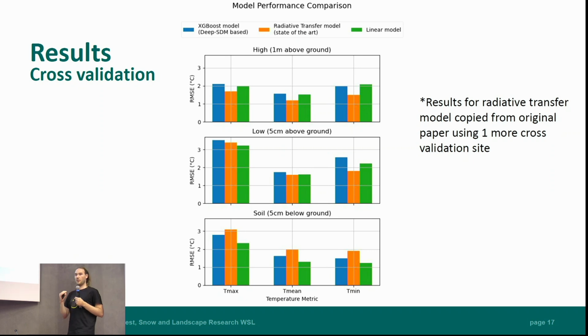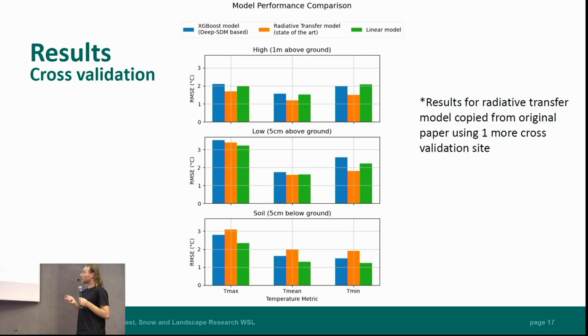Our goal was to have a similar range, because we don't target the same exact precision with our method, as our method is more designed to be available globally. But we want it to be not far in performance. The blue and green models are the model with the Deep-SDM approach and the linear model. What we can see is that both the Deep-SDM based model and the linear model were performing quite close to the state-of-the-art radiative transfer model.